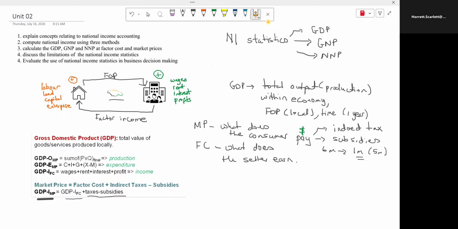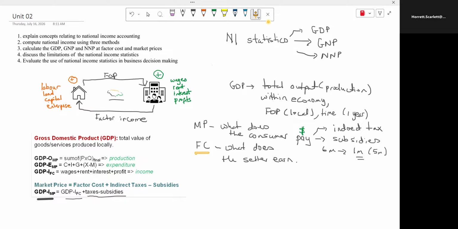It might include the indirect tax, such as GCT, which creates an increase in the price of the product, or it can include subsidies, which would denote a decrease in the price of the product for the consumer. So both of these are from the consumer perspective.